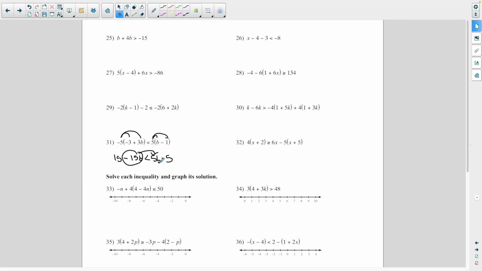So negative 15b is smaller than 5b, so we're going to add 15b to both sides, which would give us 20b on the right. We'll take negative 5 and move to the other side, so we'd add 5. So it'll give us 20. Dividing by 20 will give us 1. And so 1 is less than b. Just because we divide it does not mean that the sign flips. And remember, it must be a negative number.